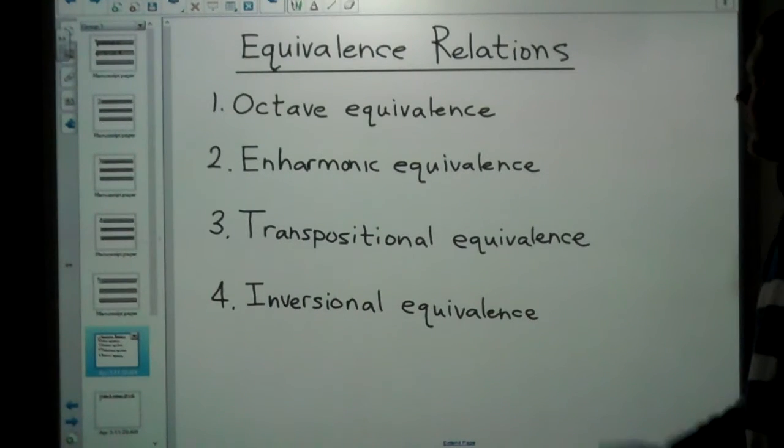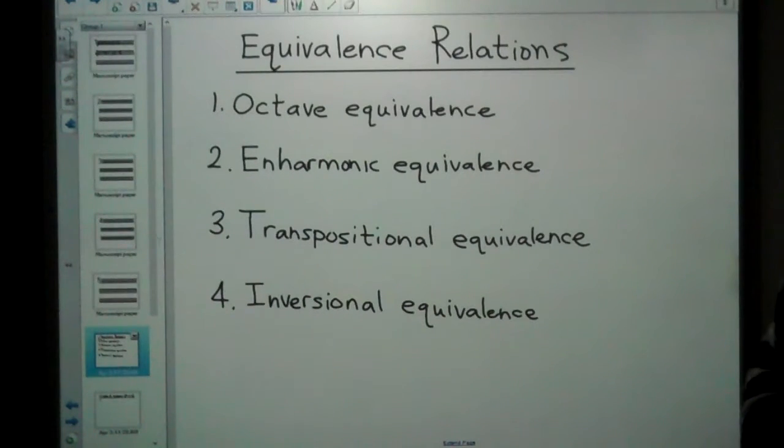The last two listed up here on the screen are transpositional equivalence and inversional equivalence. The last one, especially inversional equivalence, is more specific to atonal music, 20th century music. Transpositional equivalence, number 3, you can come up with an analogy in regular tonal traditional music.